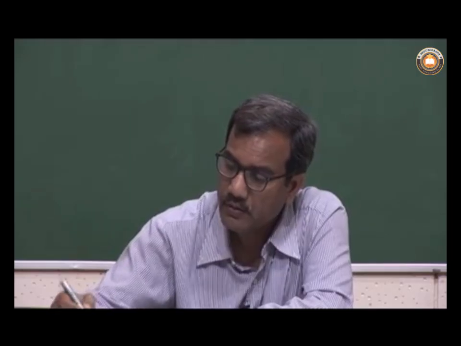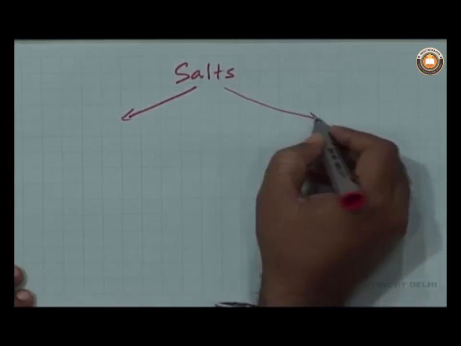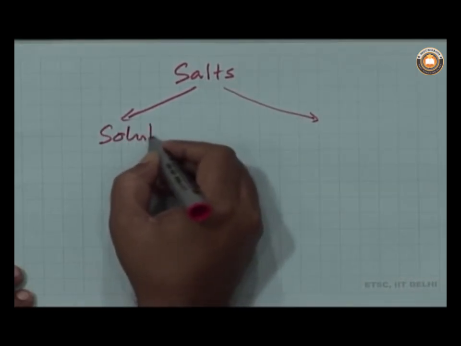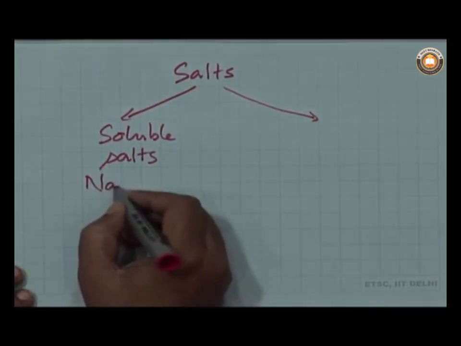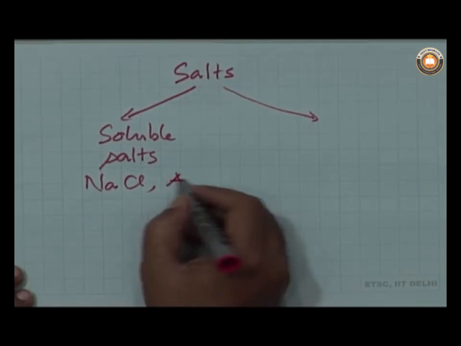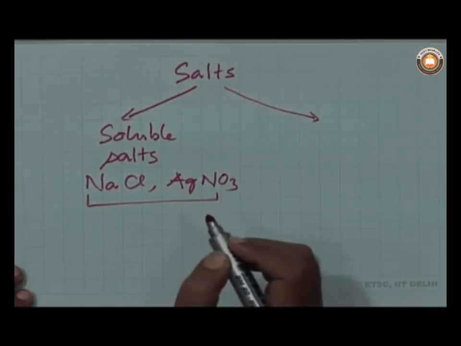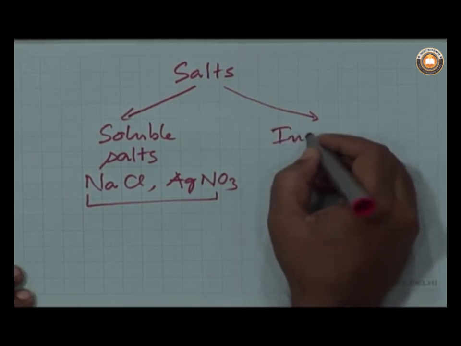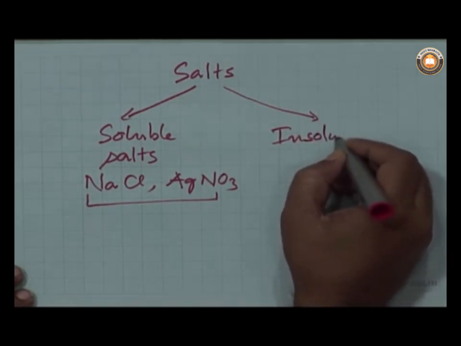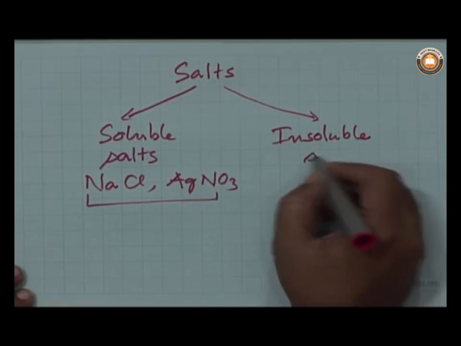Now, what about salts? Salts can be of two types: soluble salts, for example, NaCl, AgNO3, these are quite soluble in water, whereas there are some salts which are insoluble, it means sparingly soluble salts.